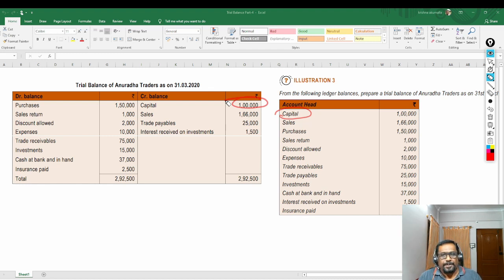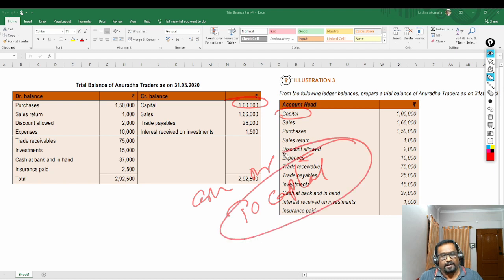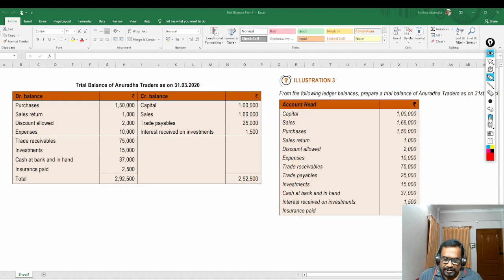When we bring in the capital, what entry do we put? Cash account debit to capital account credit. So capital is credited. That is the reason capital is shown on the credit side. Either way you can think. So move on to the next one.